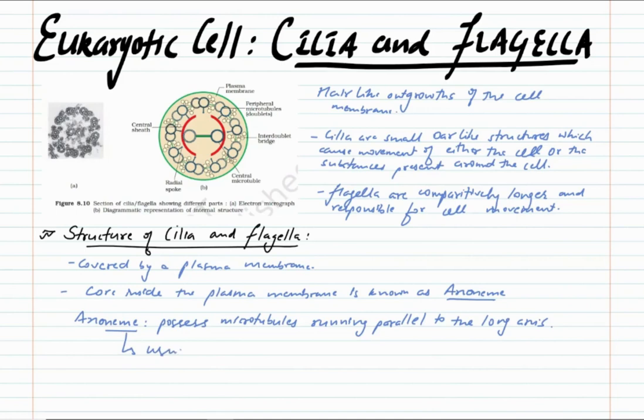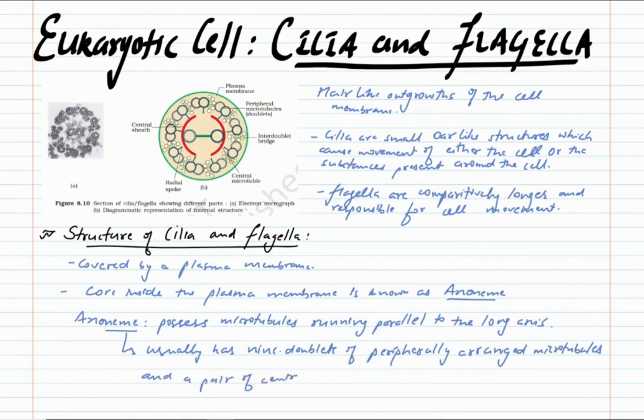This axoneme usually has nine doublets of peripherally arranged microtubules and a pair of central microtubules.